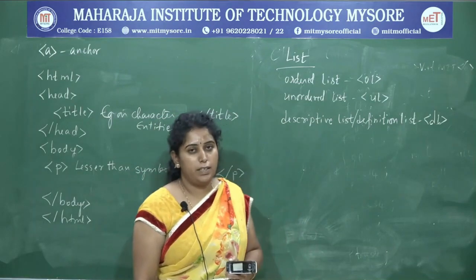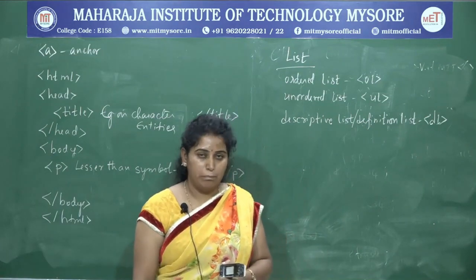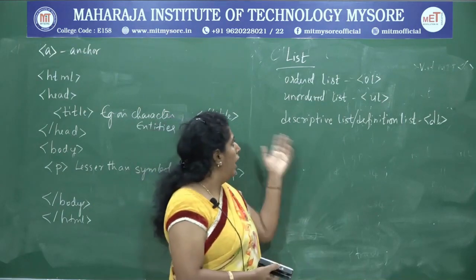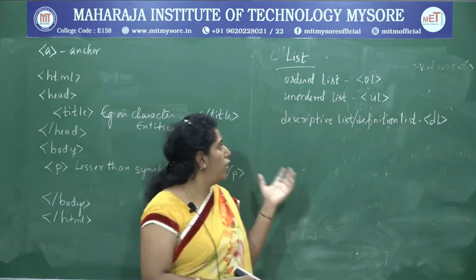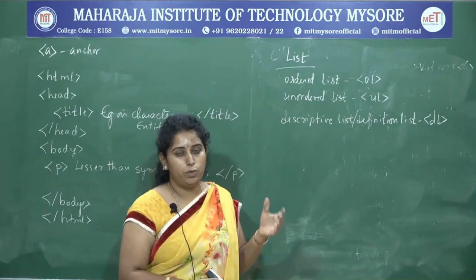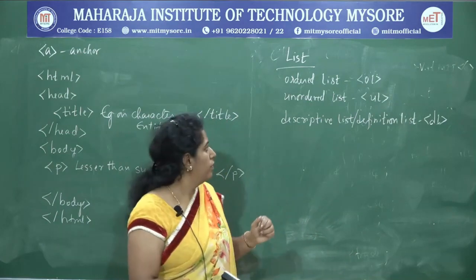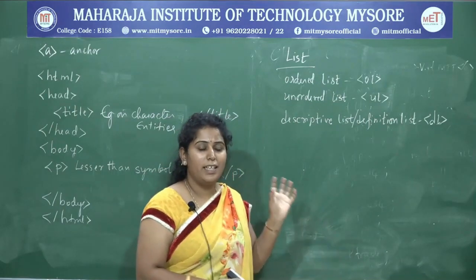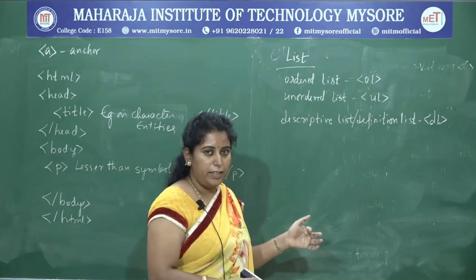Whatever data is present in the list can be ordered in the form of numbers or alphabets. Unordered list means the items are not in order. Since they are not in order, they can be represented using bullets, circle or square. A descriptive list contains name and value pairs. You will understand by taking an example.